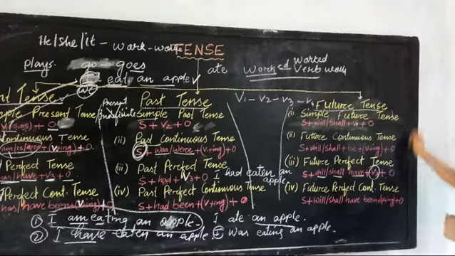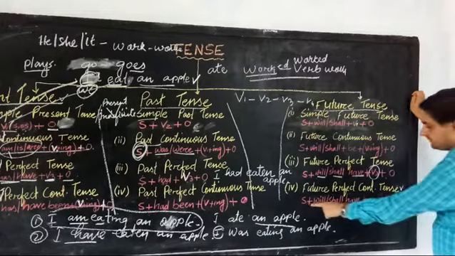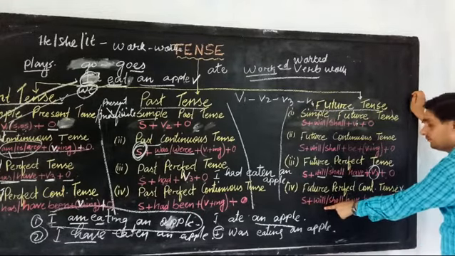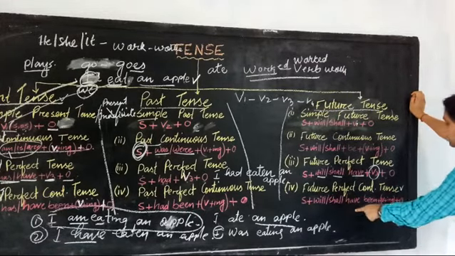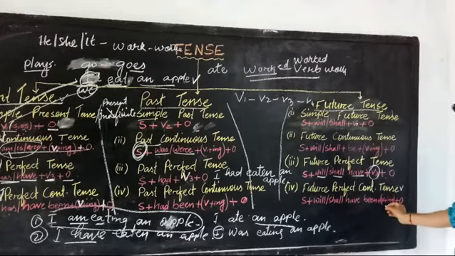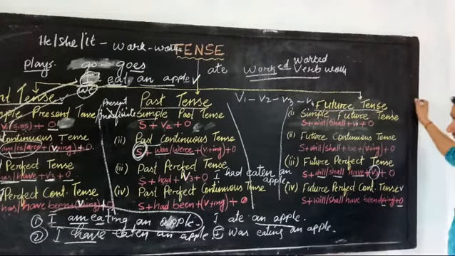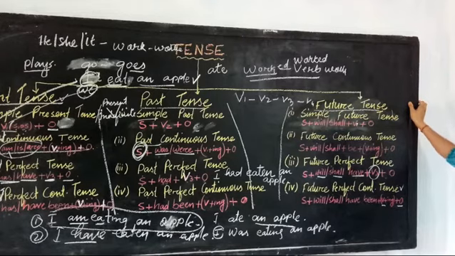Subject, helping verb will or shall, then here we will use have been, then first form of the verb, we add ing to the verb, then object at the end.